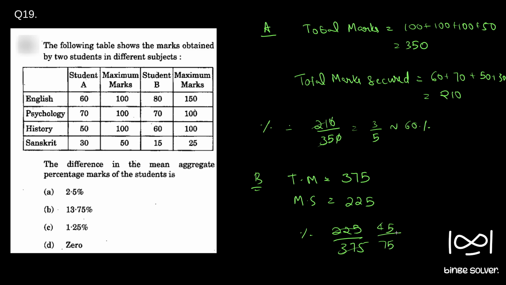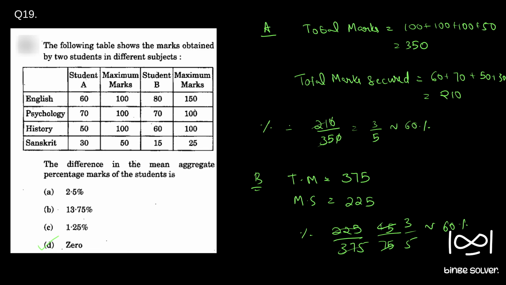If you cancel it with 15, we get 3 by 5, which is also 60 percentage. So both are the same, and the difference in mean aggregate percentage marks of the students is 0. So the answer to question 19 is D, 0. That is the solution to question 19.